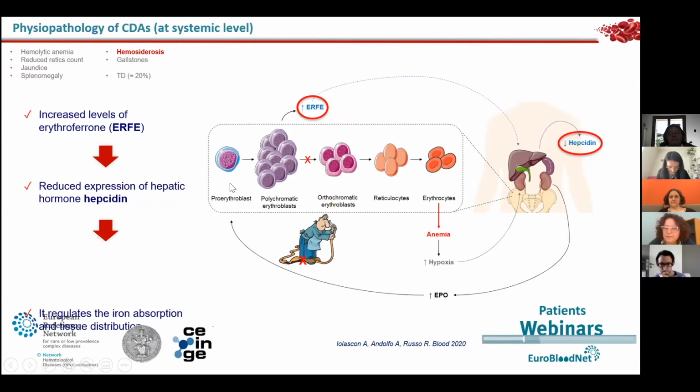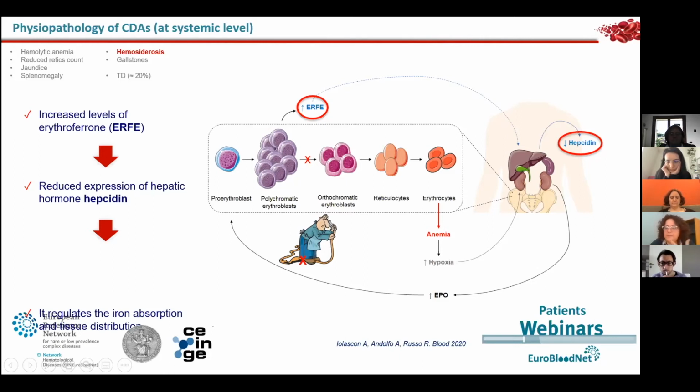Because these immature cells produce some hormones and molecules, and among these molecules, they produce an important hormone that is termed erythroferrone, or ERFE, that in turn regulates the production of this other hormone in the liver, that is hepcidin, that is the master regulator of iron balance in our body.